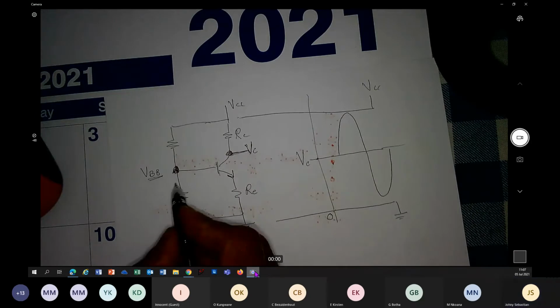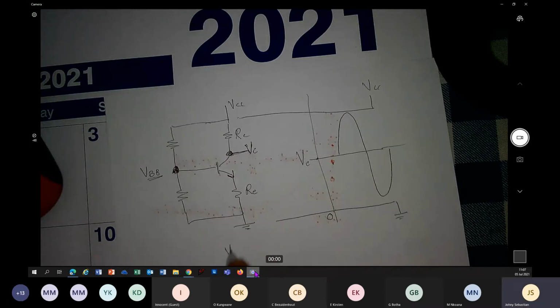And VBB needs to be very much greater than VBE. VBE is like 0.7, so for VBB we are looking at greater than or equal to 10 times 0.7, that is 7 volt. We are looking for a VBB around 7 volt.